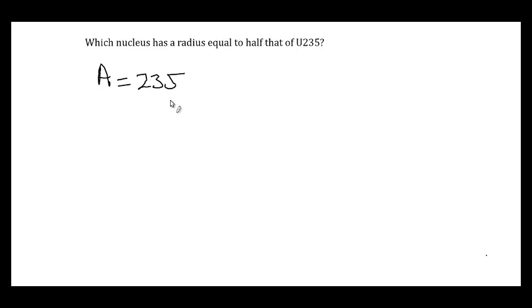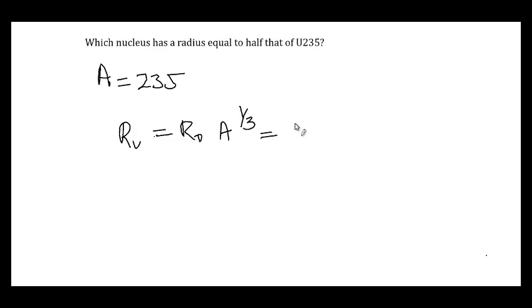Simple. So you know the radius is given by R naught A to the power 1 by 3. This is the expression for the radius of the nucleus, where R naught is a constant.